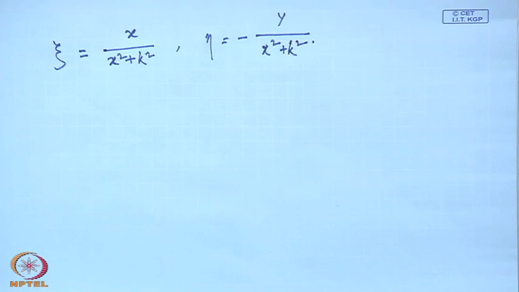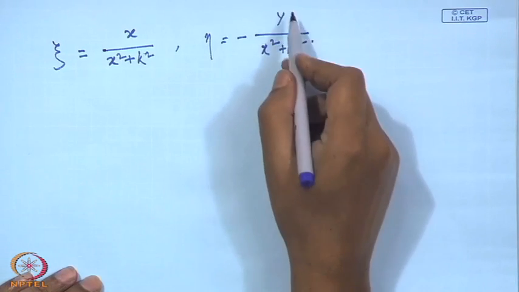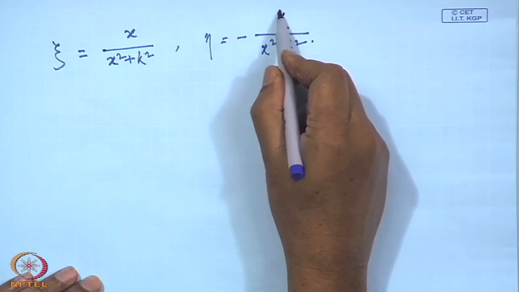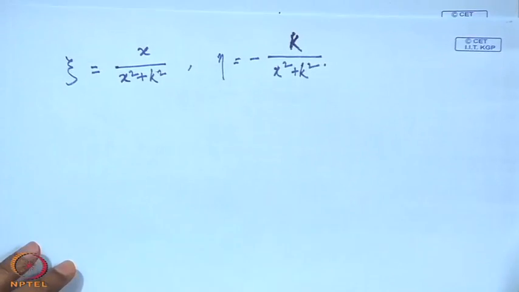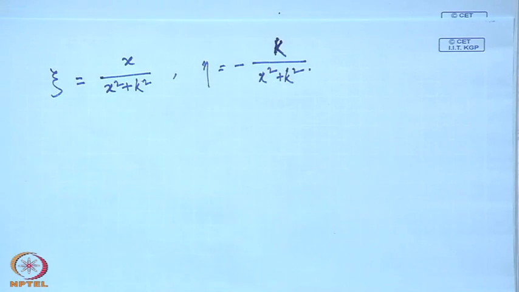Eliminate x from these two. If you eliminate x, what do you get?